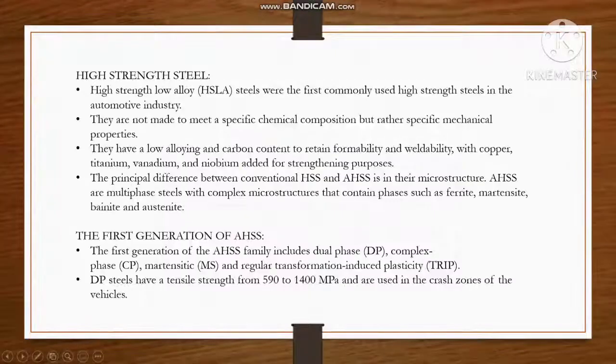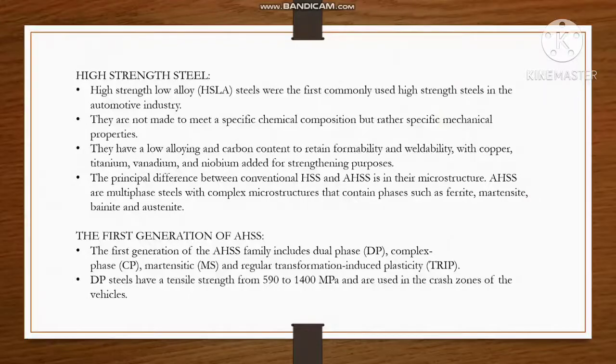Next we are going to the high strength steels. How about it? High strength low alloy, or we call it HSLA steels, were the first commonly used high strength steels in the automotive industry.